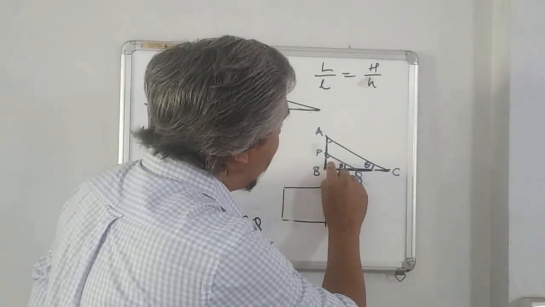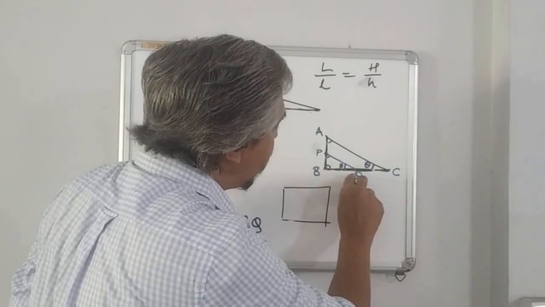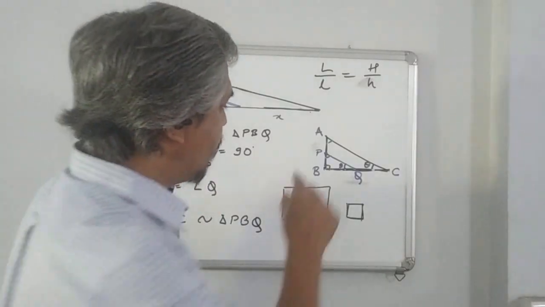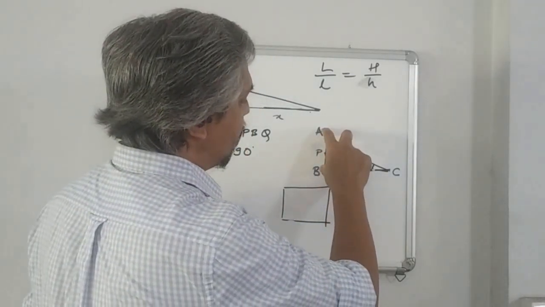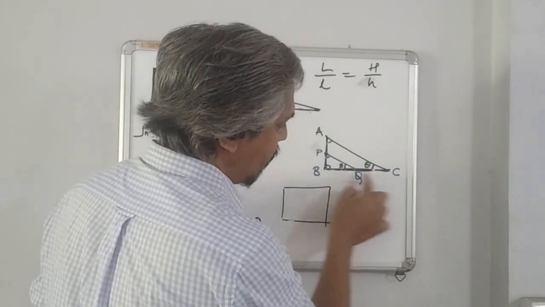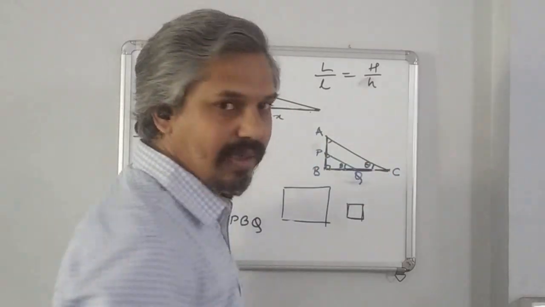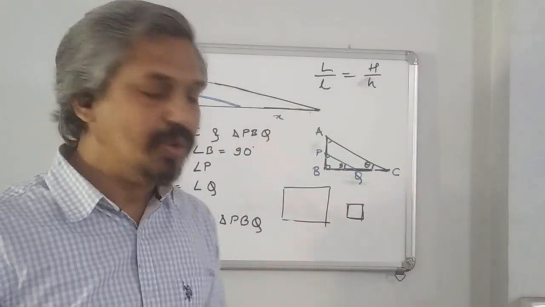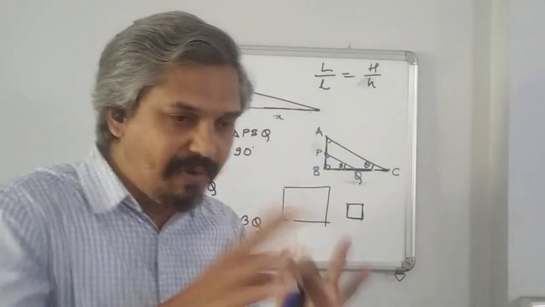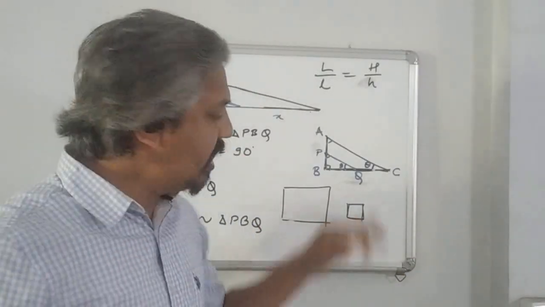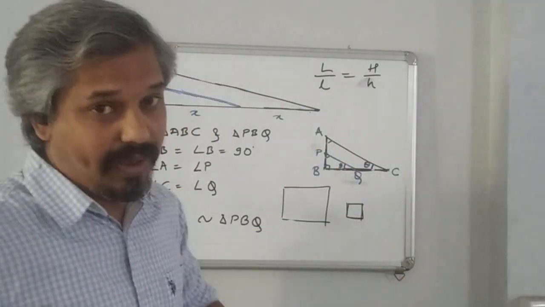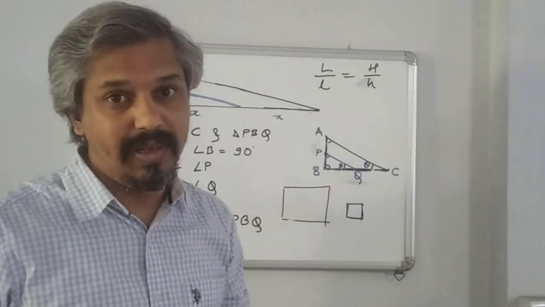If we enlarge triangle PBQ by a magnification of two, then this height will match with AB, the length of the shadow will match with BC, and this will match with AC. If we multiply every side by a constant factor, these two triangles will become congruent, because the angles are already equal. It's just the sides that are not equal.